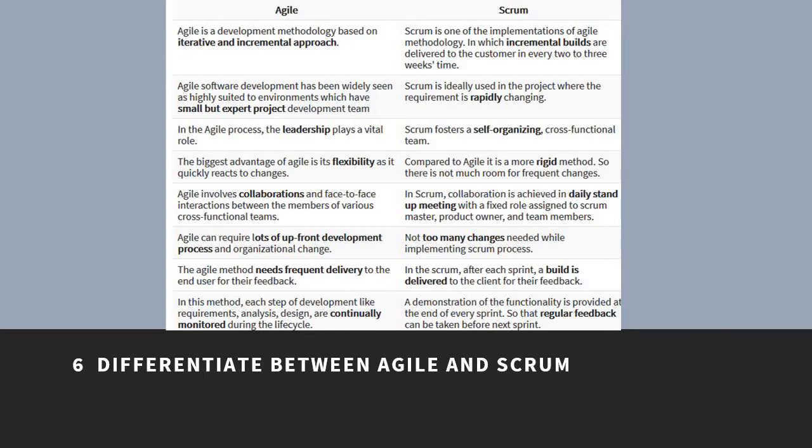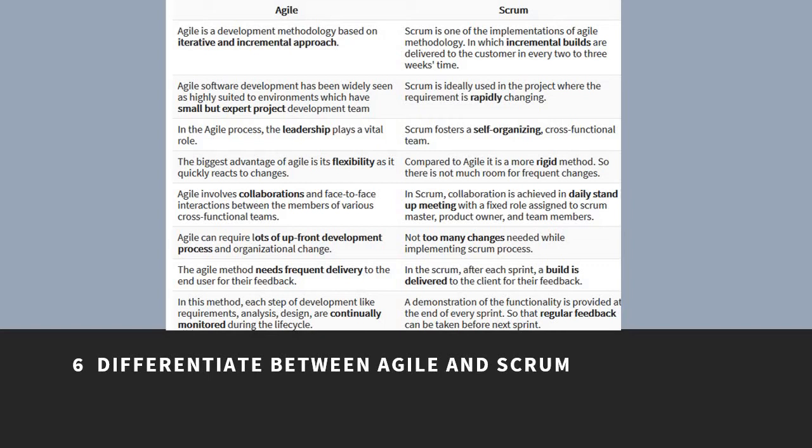Agile can require lots of upfront development process and organizational change. Not too many changes needed while implementing the Scrum process. The Agile method needs frequent delivery to the end user for their feedback, while in the Scrum, after each sprint, a build is delivered to the client for their feedback.